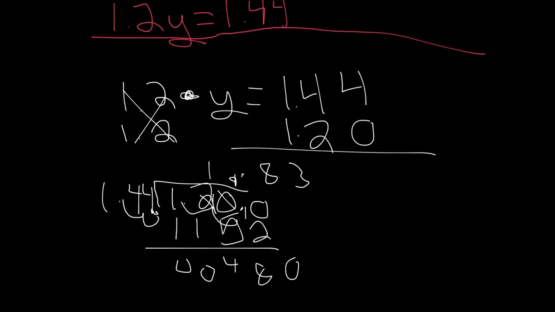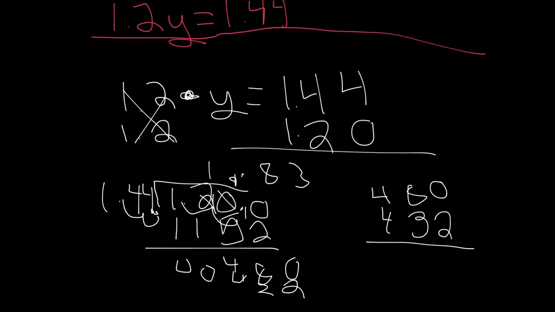It goes into it 3 times, so 432. So we're going to just carry it over here because we're running out of room. So 432. You're going to minus that. 8 minus 2 is 4, and that's 0. So that just goes on forever because we're back at 48.